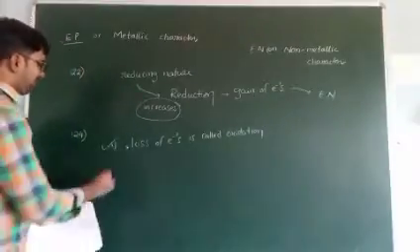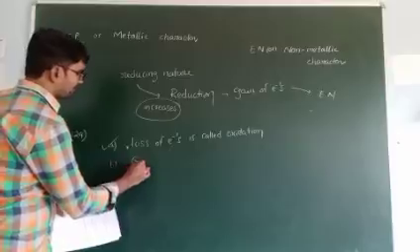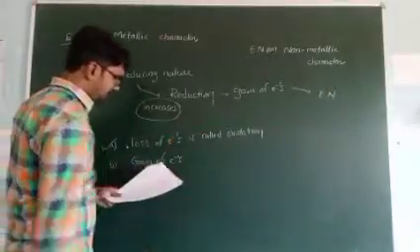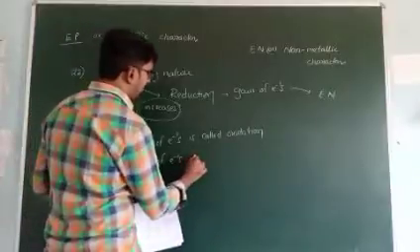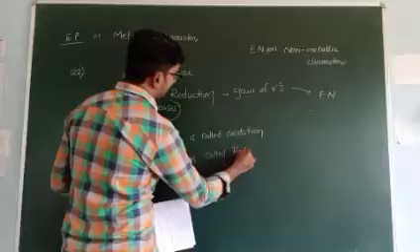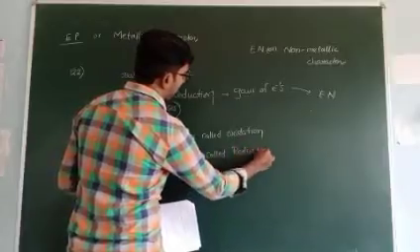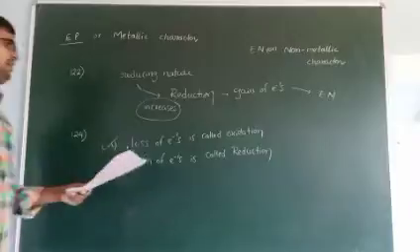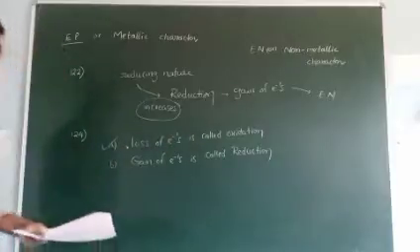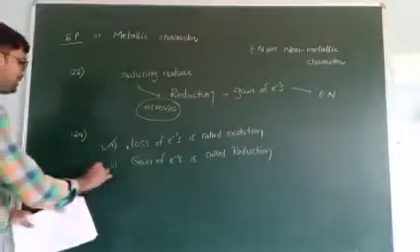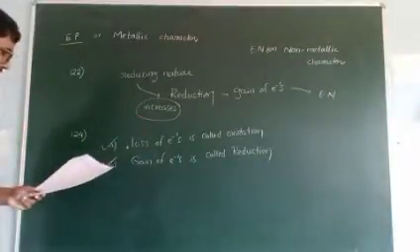The second one, B: gain of electrons is called reduction. Loss of electrons is called oxidation, gain of electrons is called reduction. This is also correct.